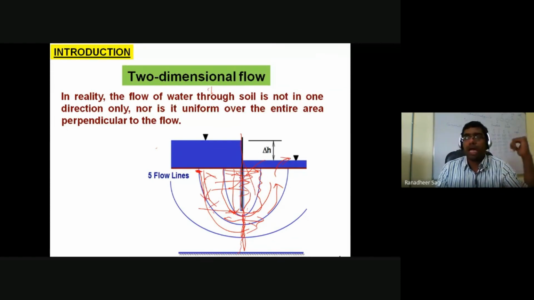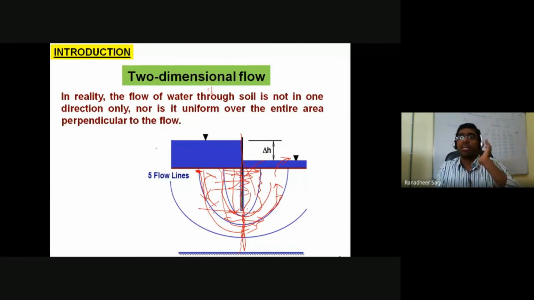So the water particle is not traveling only in the vertical direction, nor only in the horizontal direction. Rather, the flow happens through the soil sample as a combination of both vertical and horizontal directions.